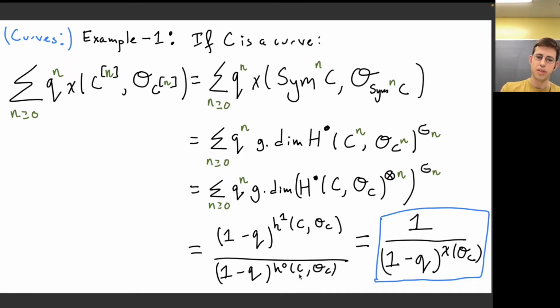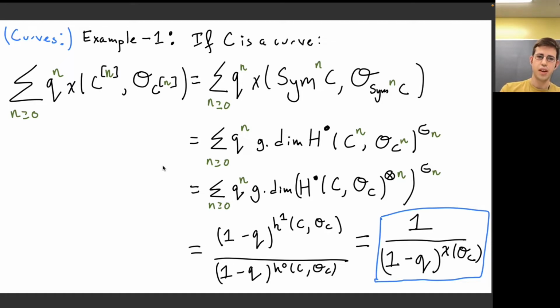That graded dimension looks like symmetric functions in the zeroth cohomology, the even piece, tensored with the exterior algebra in the odd piece. And this ends up being the following series, which I can record as 1 over 1 minus Q raised to the power of the Euler characteristic of the structure sheaf of my curve. We saw something similar in the previous slide when the curve had no first cohomology, but in case it does, then you get the following.